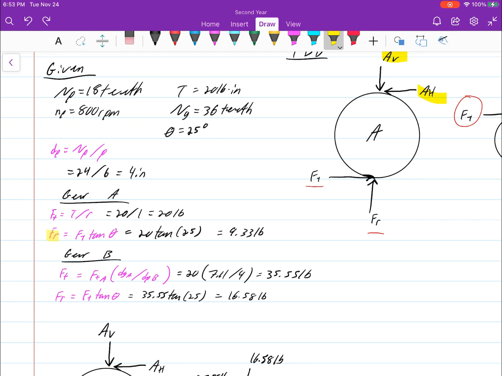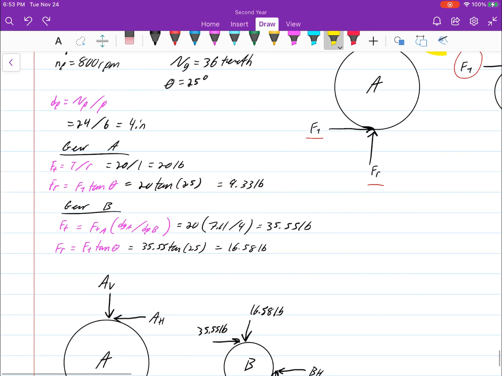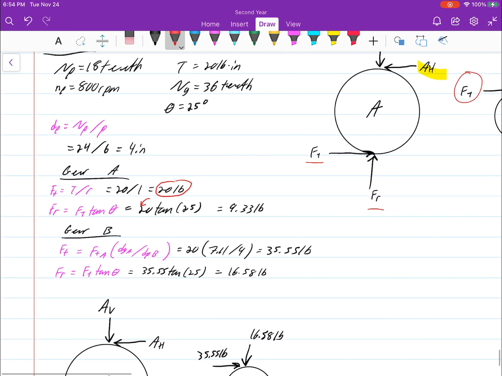From there, we can find the radial force using this equation: 20 times tan of the pressure angle, which is 25. This is all from the problem, except for what we just found here. From here, we get these two forces. So that's pretty much solved for gear A. We found this force and this force.